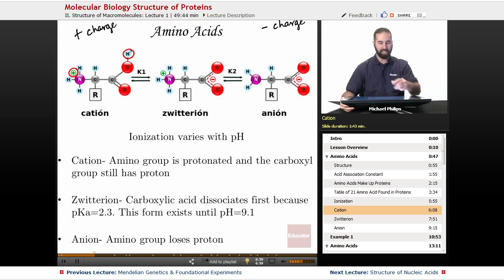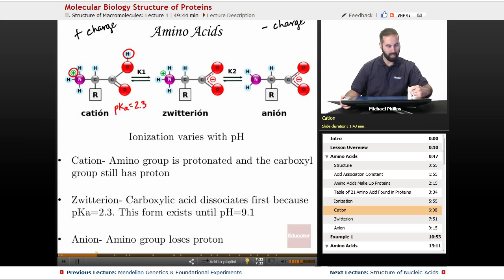Now, this can only happen when we are at a pH below the acid dissociation constant of the carboxylic acid group, as well as below that of the amino group. If we remember right, the pKa of this is 2.3, and the pKa of this is 9.1.